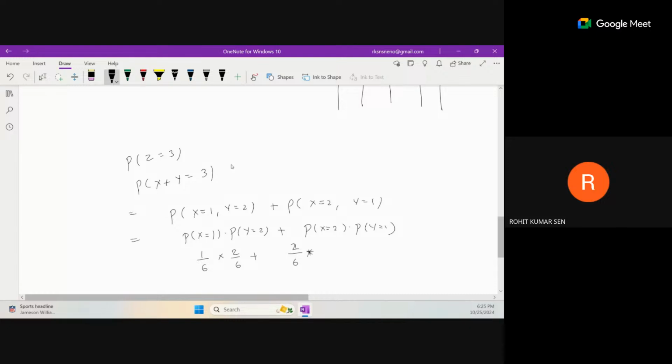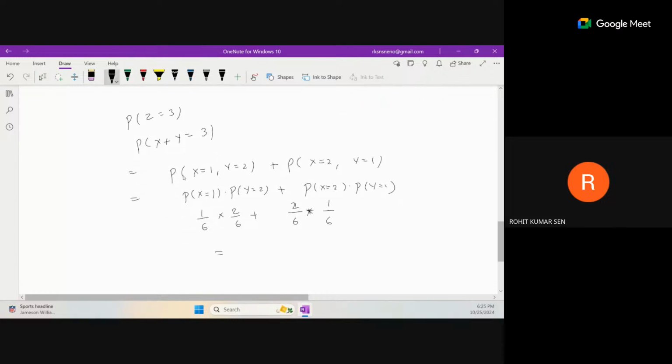What is the probability of y equal to 1? It is 1/6. So it is going to be 2 by 36 plus 2 by 36, 4 by 36. Am I making some mistake here? 1 by 9, I think.